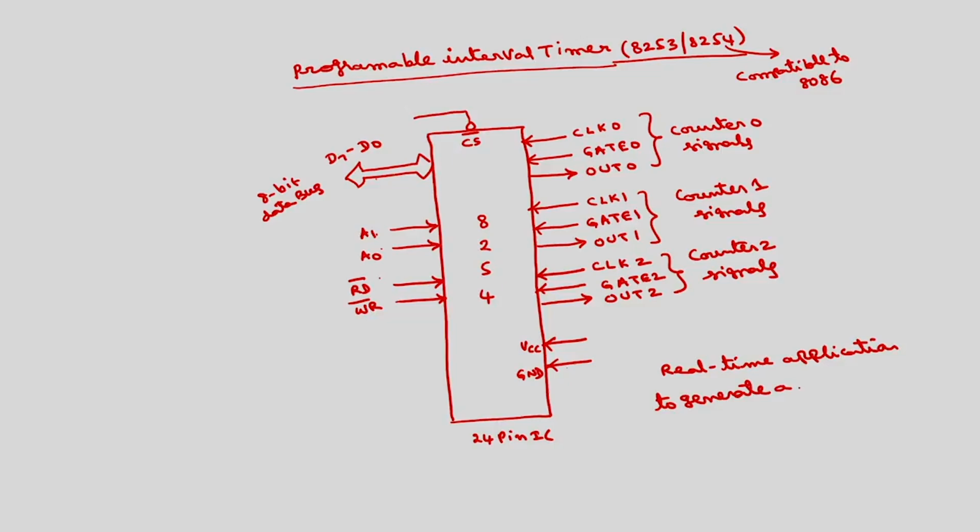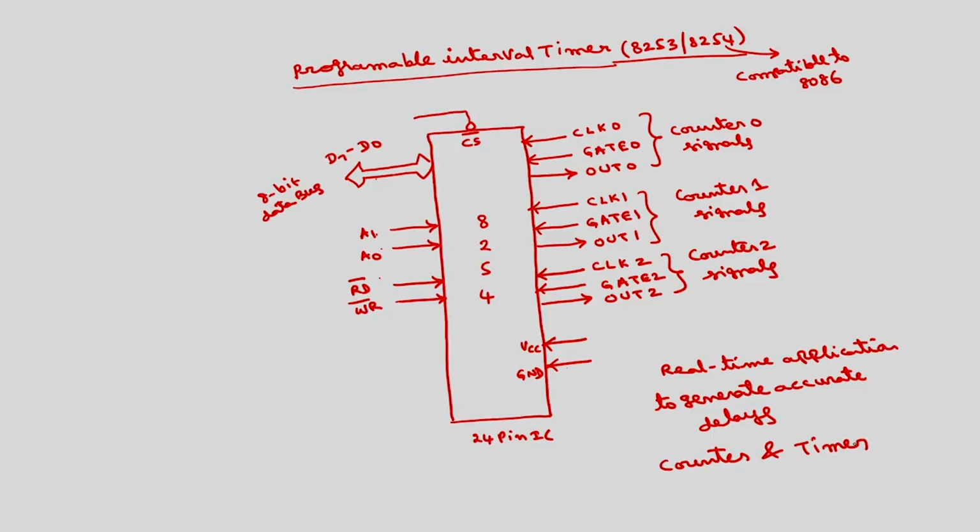To generate accurate delays, we have to use 8254. In addition, this also acts as a counter. So this 8254 acts as a counter as well as a timer. We have both applications.